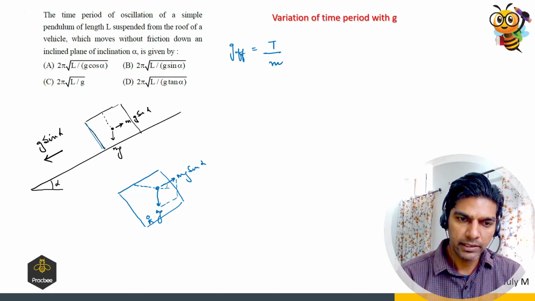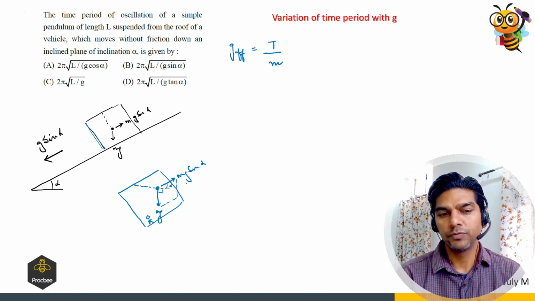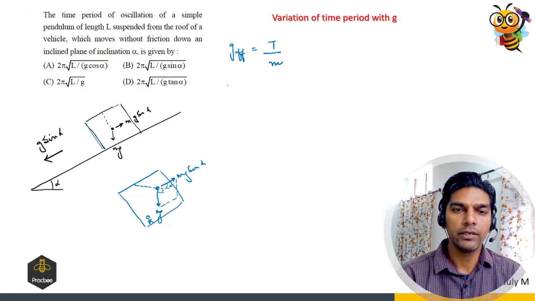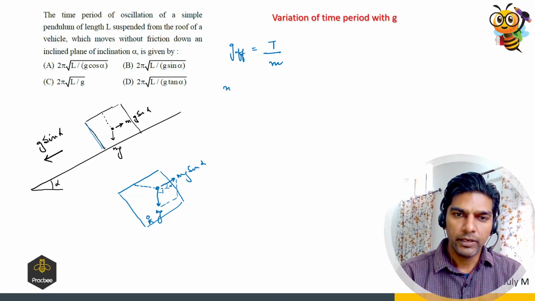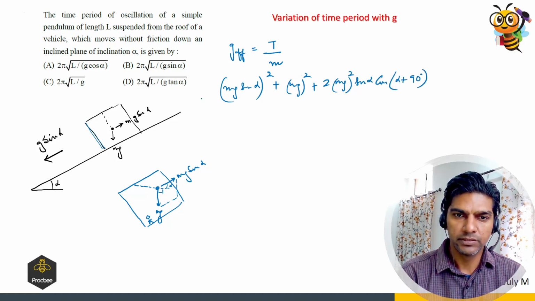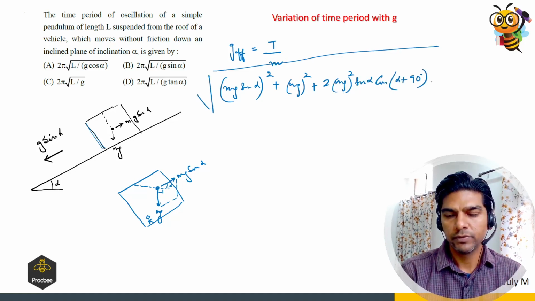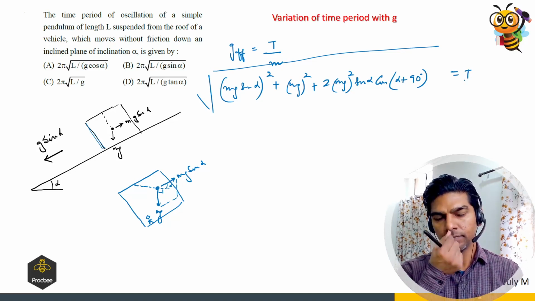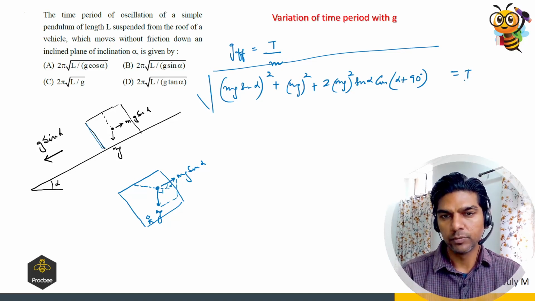If this angle is alpha and this is 90, the angle between these two vectors is alpha plus 90. So the resultant will be root of (mg sine alpha) square plus (mg) square plus 2 mg square sine alpha cos of alpha plus 90. I have used the resultant formula, and that will give us the tension in the string in the equilibrium position.